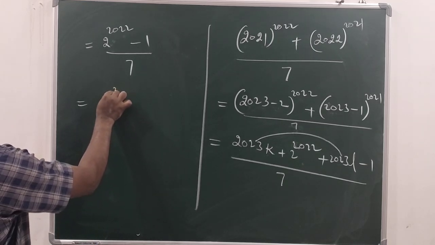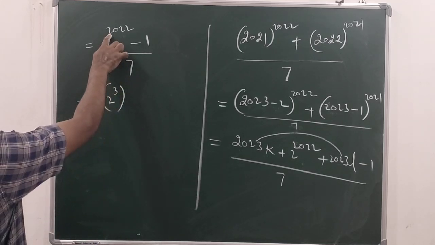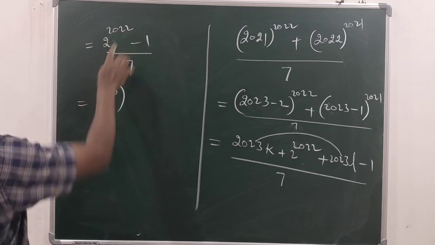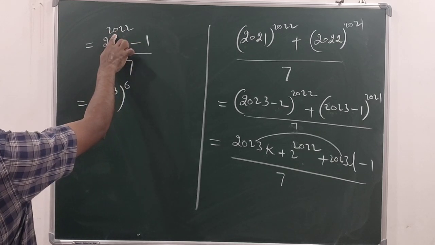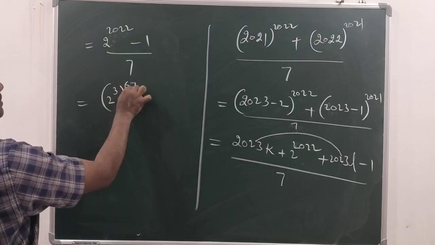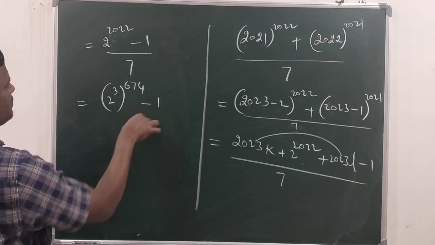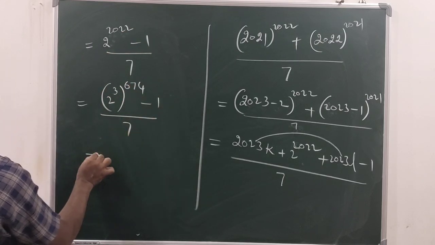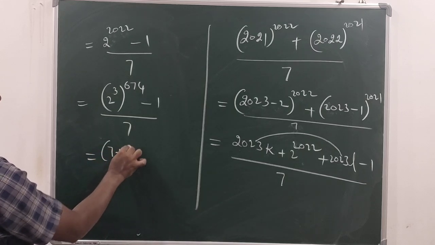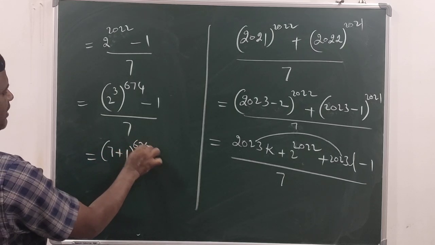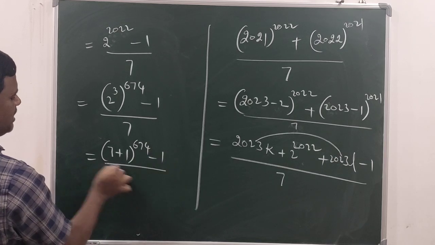If you divide 22 by 3, 3 6s are 18, 3 7s, 3 4s is minus 1, by 7. So 2 cube is 8. 8 you can write as (7 plus 1) whole power 674 minus 1 by 7.